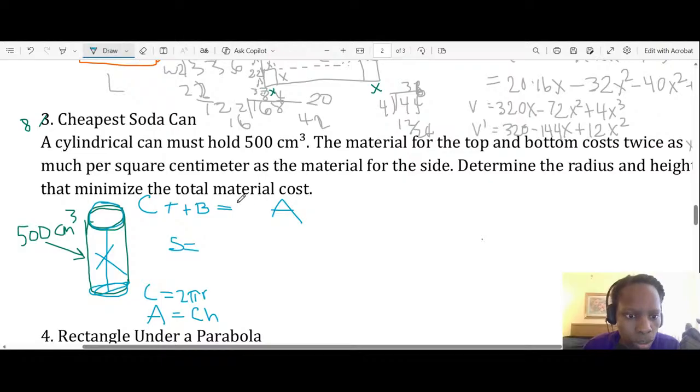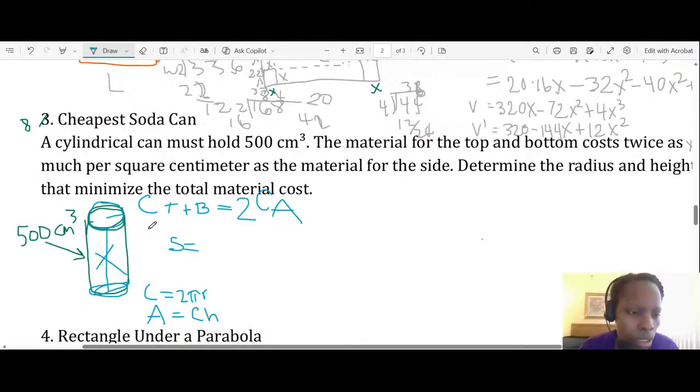Equals 2 times the cost of the area. Okay. So the cost of the top is a circle, right?